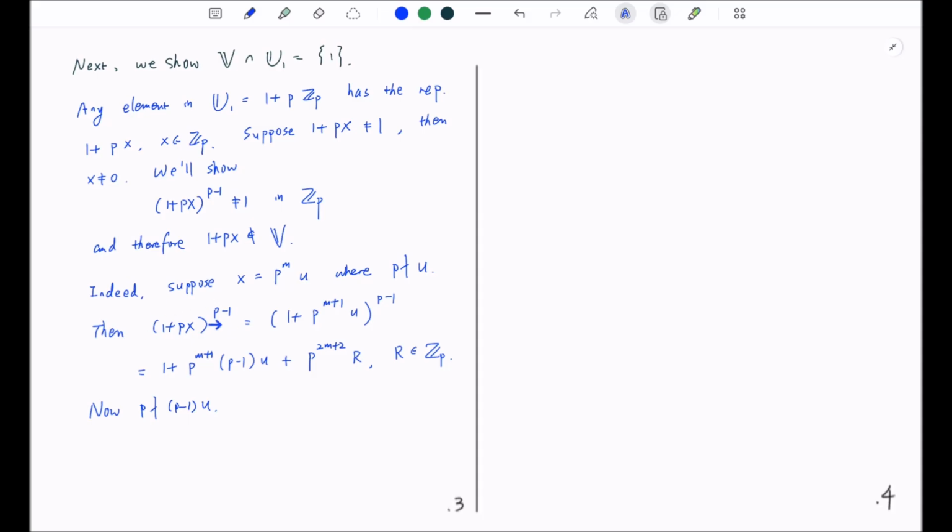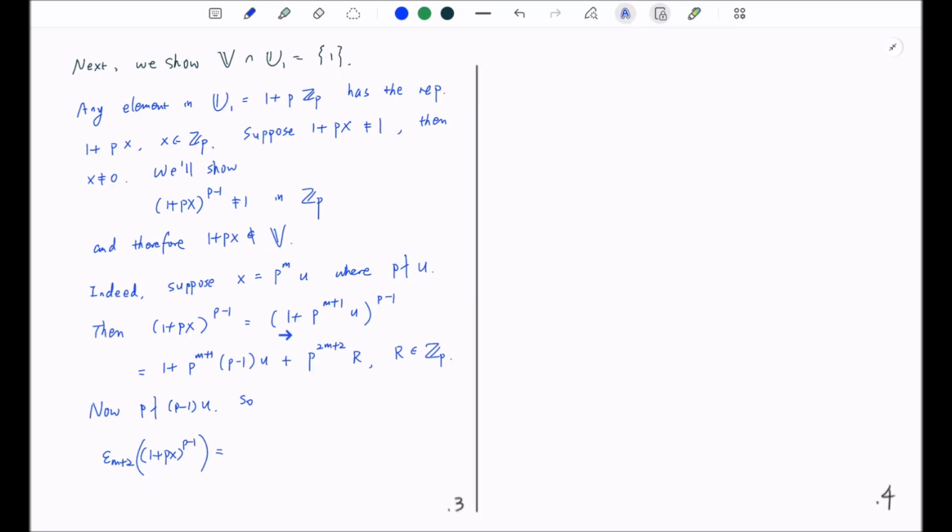Therefore, if we project this element to Z mod p raised to the power m plus 2 Z, we get what? This is a projection onto the m plus 2's component of an infinite vector in Zp. And we are going to apply this projection to (1 plus px) raised to the power p minus 1.